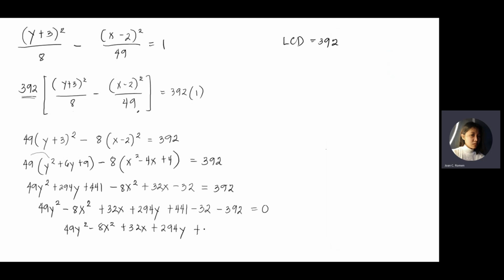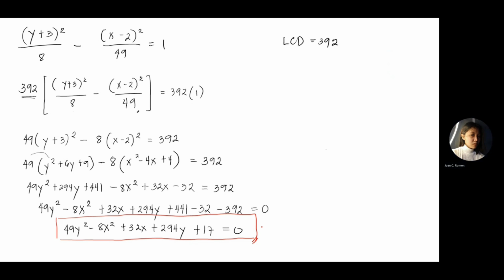So, plus 17 is equal to 0. So, this is the general form or general equation of the hyperbola. Okay, so this is the general equation.